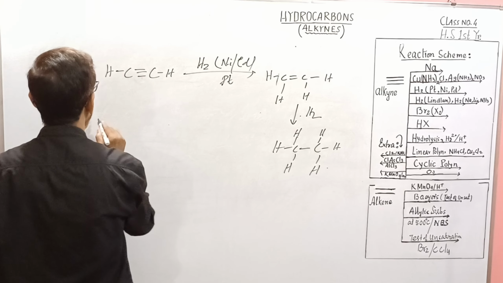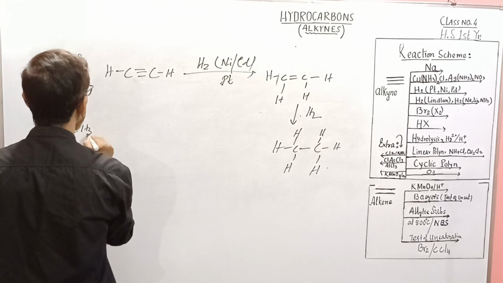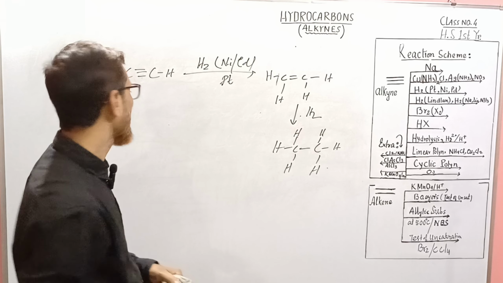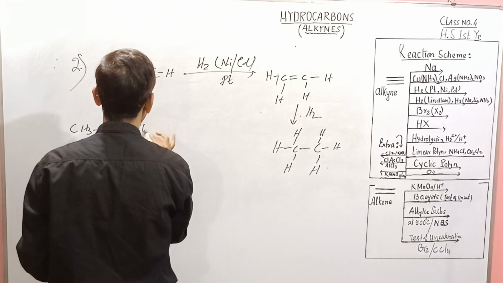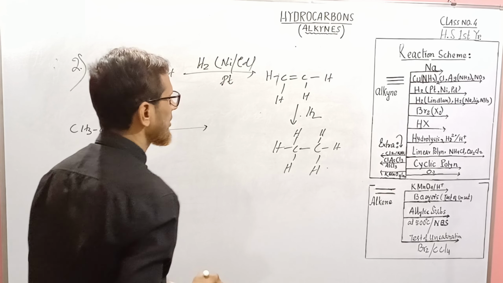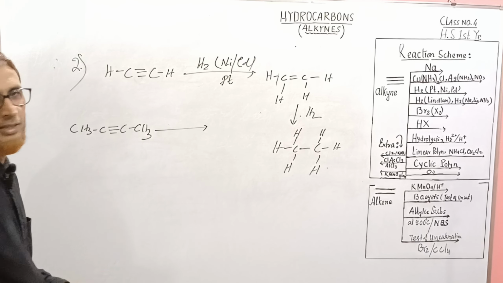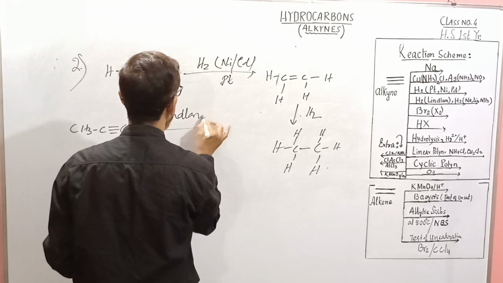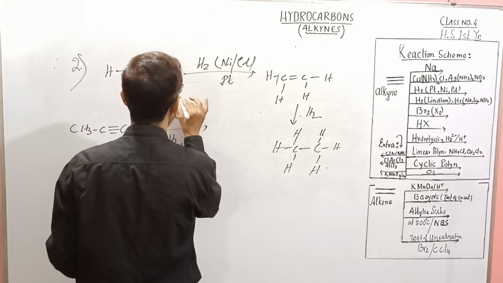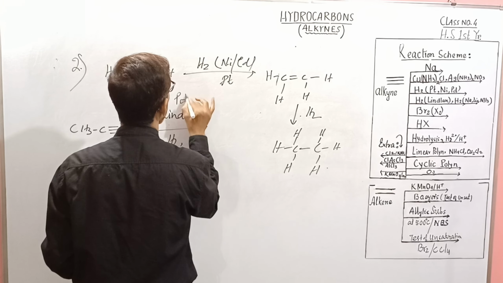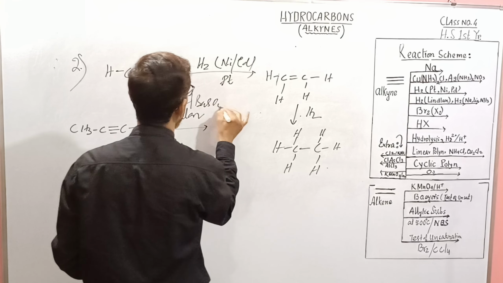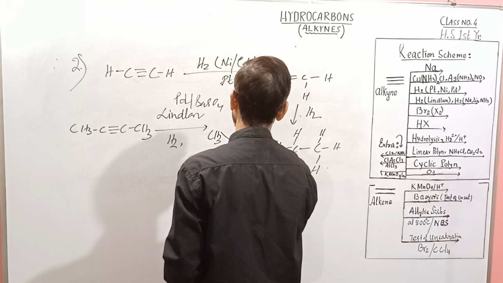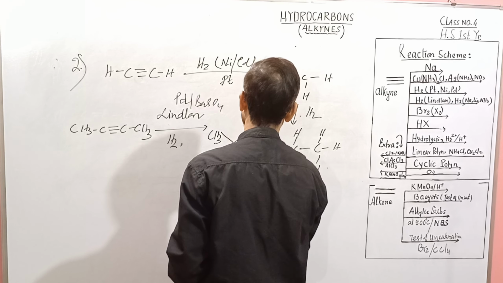So this is one type. That day I showed you, if it is CH3C triple bond CCH3, the preparation of alkene by Lindlar catalyst. I don't know whether you have gone through this chapter or not. If you haven't gone through the earlier alkene chapter, you can't understand this one. If I use Lindlar catalyst, that is hydrogen with palladium over barium sulfate, you will get cis alkene, am I right? That day I mentioned the cis alkene.